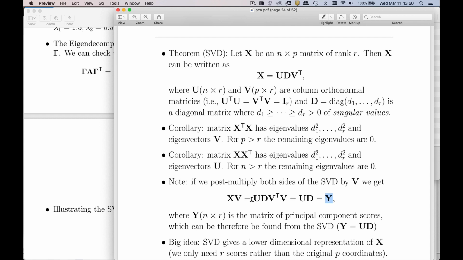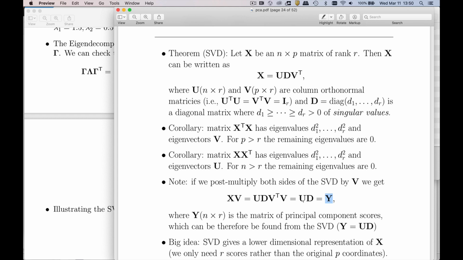Now, remember what I told you last time. How do we get the principal component scores? Well, all we do is take our X matrix times the eigenvectors, and that gives us our principal component scores.